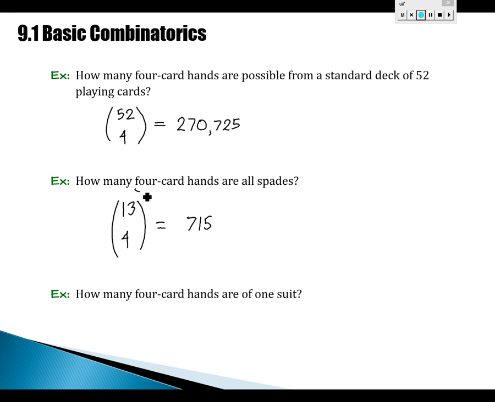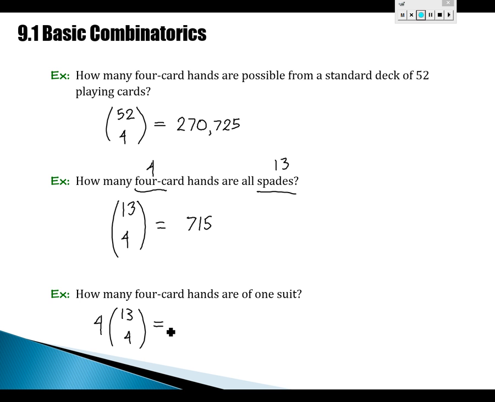We're choosing 4 from among 13. So reducing our deck to a 13 card spade deck, and then from those choosing 4 without restriction. Explain yourself. Does that follow?